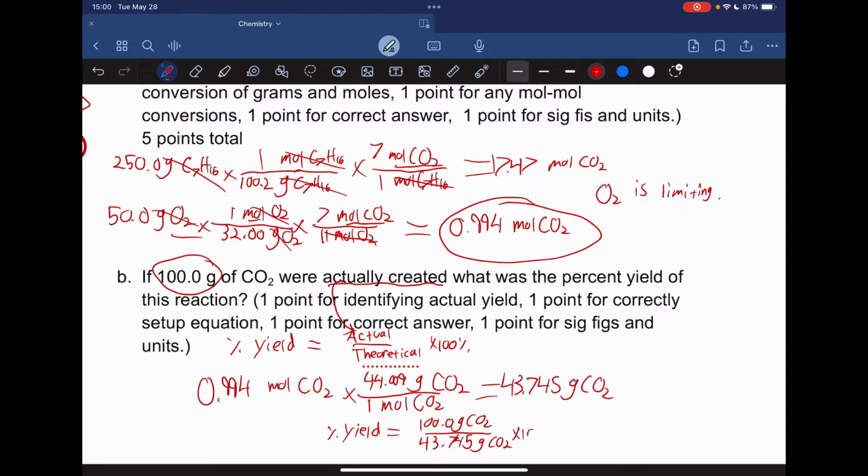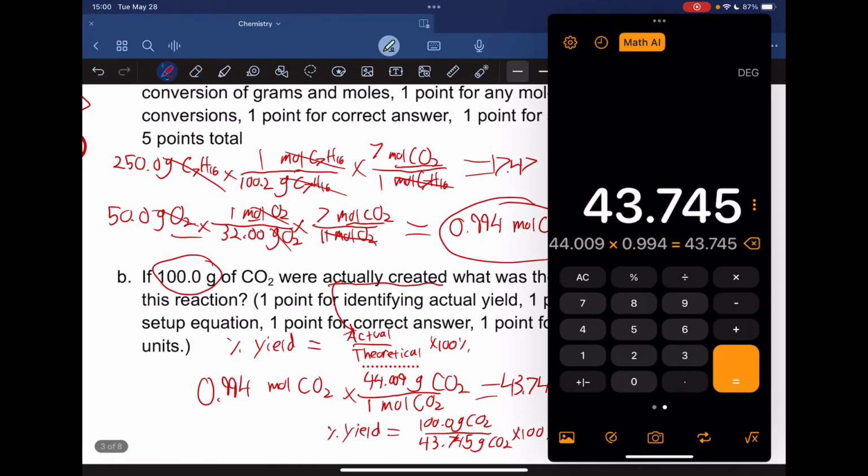And then we're going to multiply it by 100% just to turn it into percent form. Let's calculate that. We got 100 divided by 43.745. And then multiplying by 100 is also the same as just moving the decimal over to the right 2 spots.